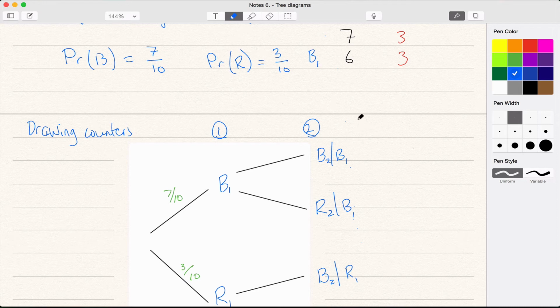This is if black is the first one pulled out. So our total now is 9. So after we pulled 1 black out, our chance of getting a black again is only 6 out of 9, because there's only 6 left over, and there's 9 in total.